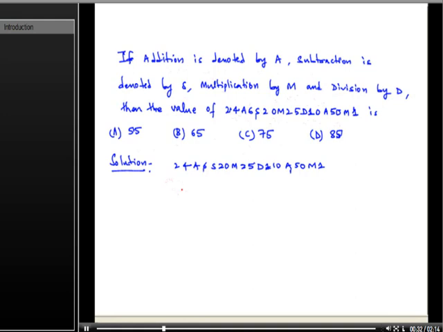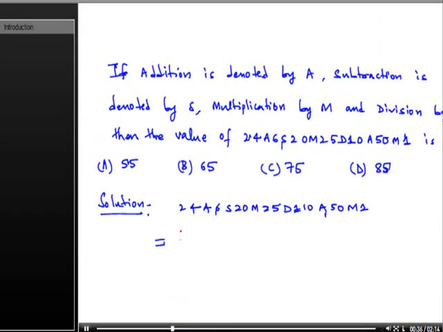Let us begin with the solution. This equals 24, A means addition plus 6, S means subtraction minus 20, M means multiplication into 25, D means division divided by 10, A means addition plus 50, M means multiplication into 1.